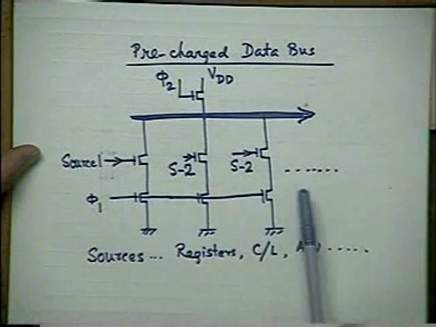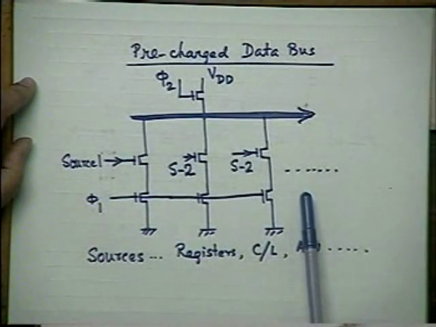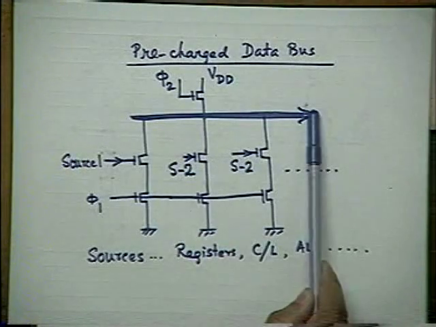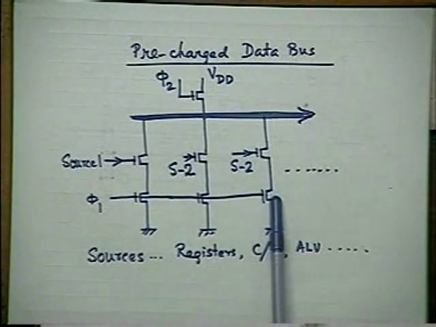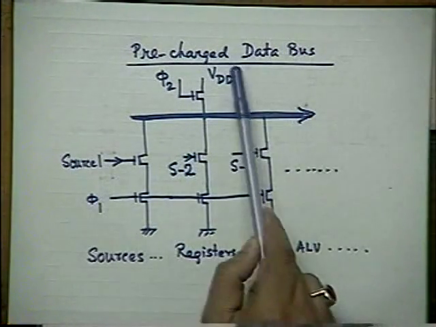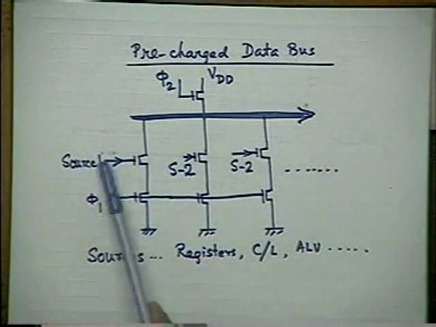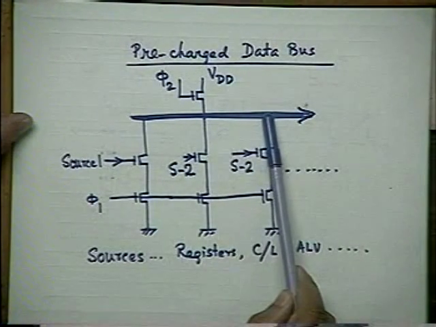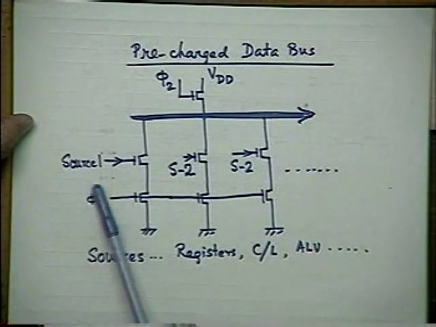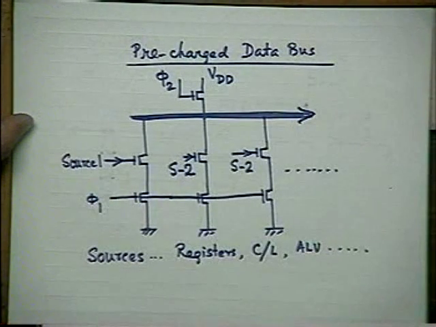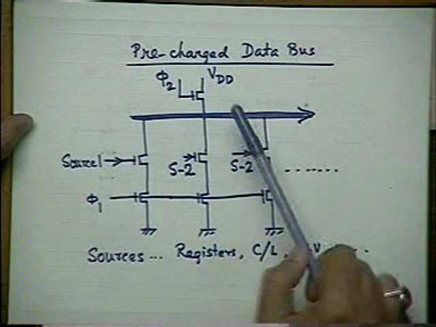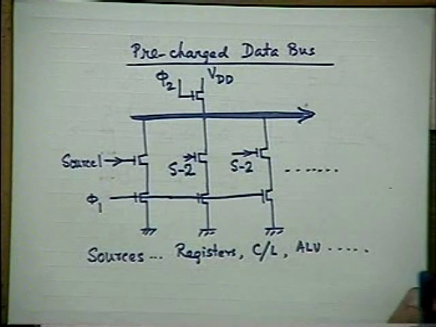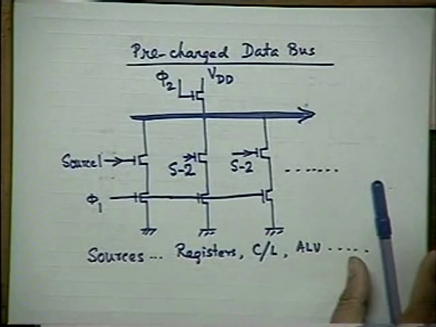And I want to do it in a synchronous fashion so that timing problems are not there. So again I use a precharge: during the precharge cycle, phi 2 is high, phi 1 is 0, and this is charged to the full voltage VDD. Then, depending on the source signals coming from the various sources, you get the output here, and that is determined by phi 1 equal to 1, that is, during the evaluate phase. These are very standard techniques used in any digital IC today.